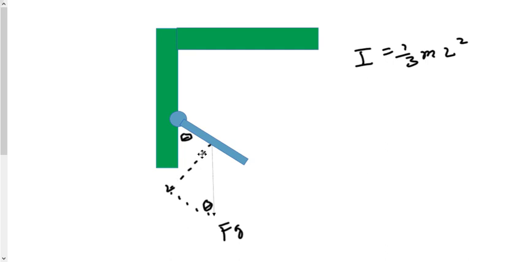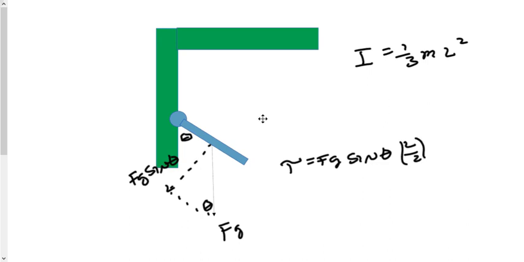And this is our perpendicular force here that's acting on this lever arm. So that is going to be equal to force gravity sine theta. And the torque generated about this then would be force gravity sine theta multiplied by L divided by 2. The length of the rod divided by 2.